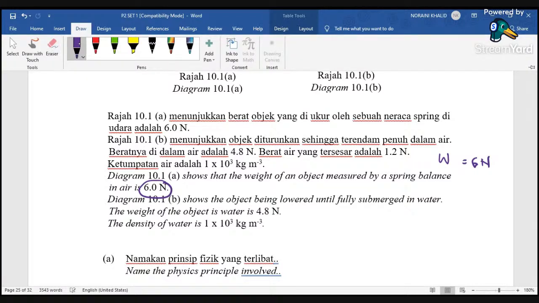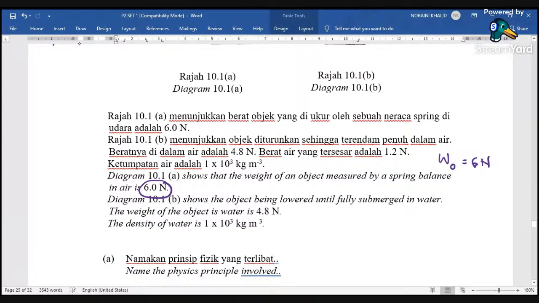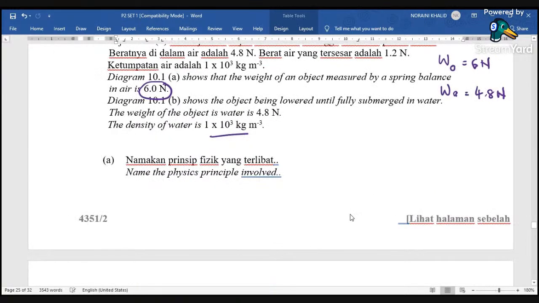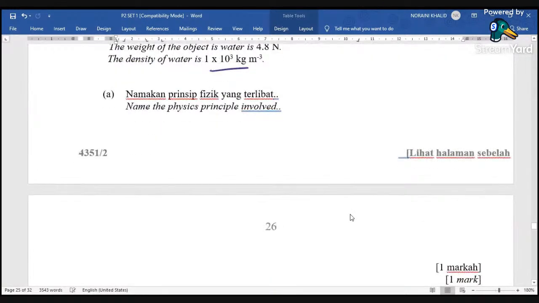In air is the original one, so Wo. In water is the apparent weight, 4.8 Newton. Density of water is given. Name the physics principle. Just write down the name, Archimedes principle. Spelling must be correct.